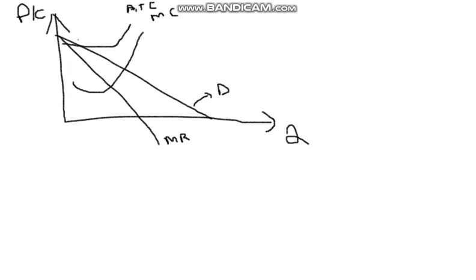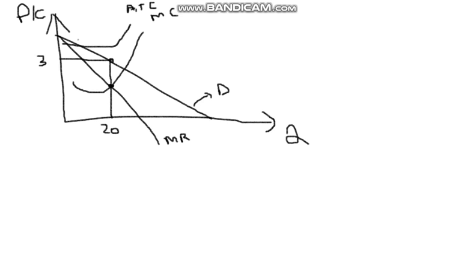So the firm maximizes its profit where marginal revenue equals marginal cost. Assuming that at that point the profit-maximizing quantity is 20, the firm charges a price greater than marginal revenue, so it will charge the price on the demand curve at this point.